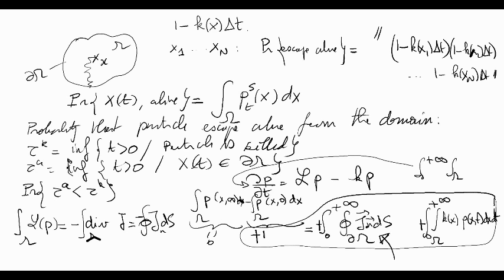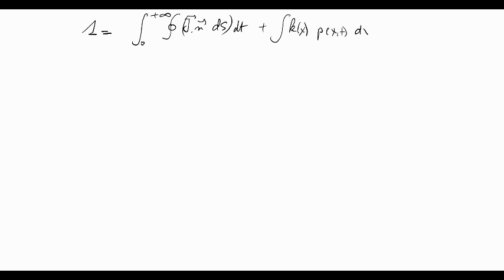So what we obtain from this equation that we're going to rewrite here is 1 equals the integration from 0 to infinity of the flux j dot n ds dt plus the integration of k of x multiplied by p_x of t, dx dt. So this is the integration over omega, and the integration from 0 to infinity.